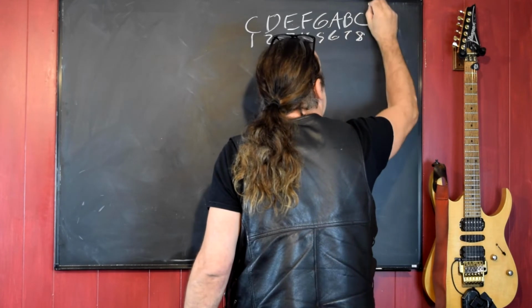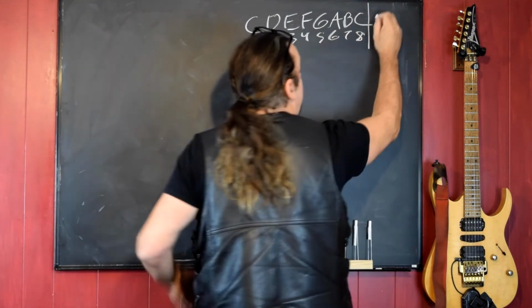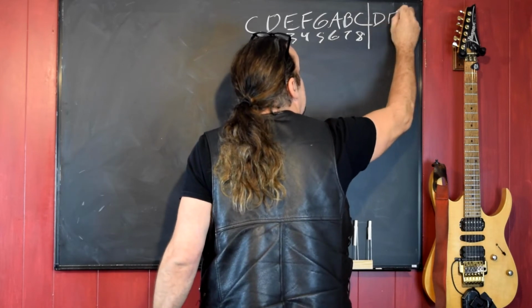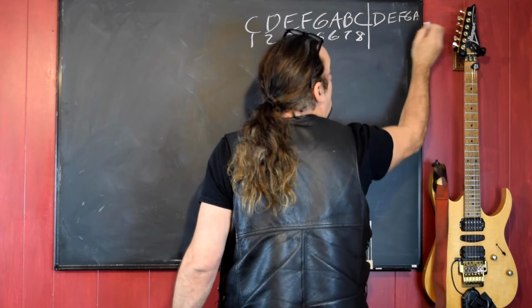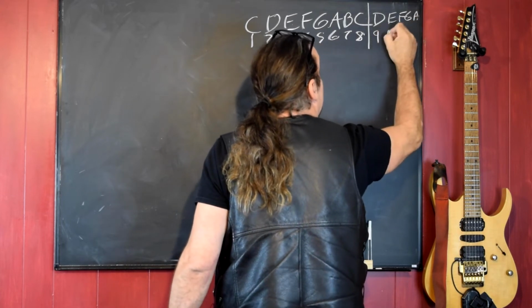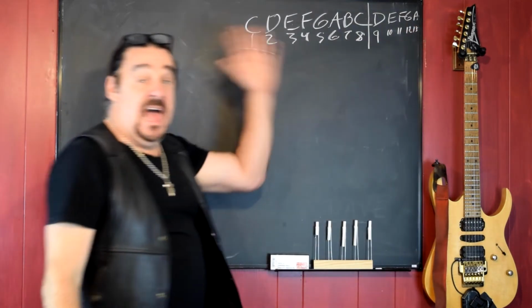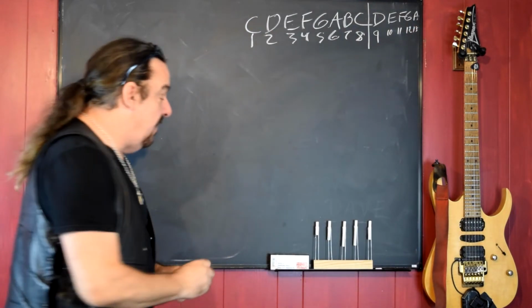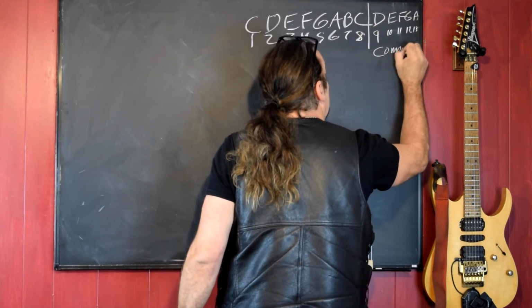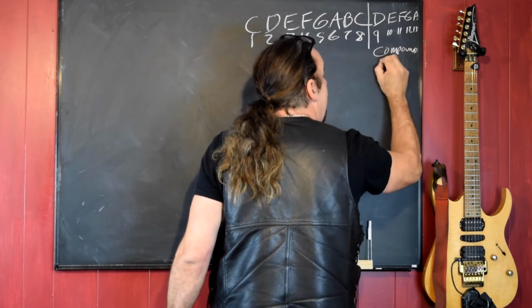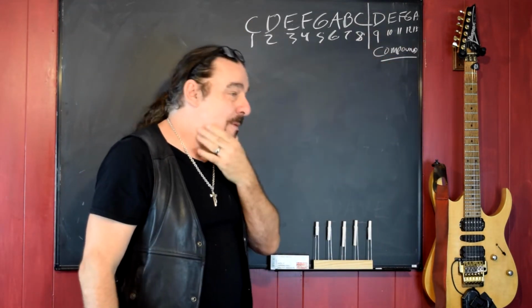Not incidentally, if we were going to continue the major scale up, the D, E, F, G, A, all these would be 9, 10, 11, 12, 13, and on they go. We're not going to talk about these, but all of these would be called compound. C-O-M-P-O-U-N-D. Compound intervals, or intervals greater than an octave.